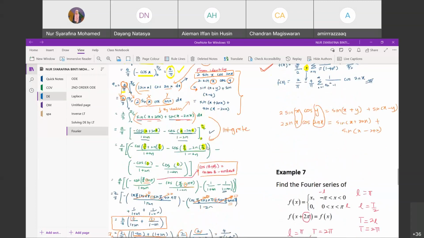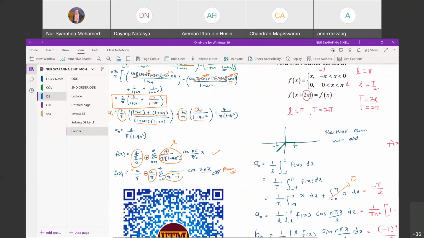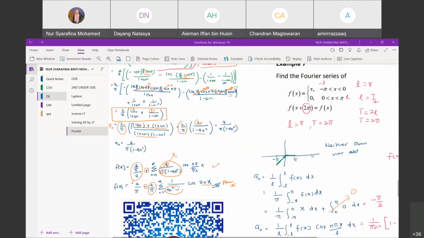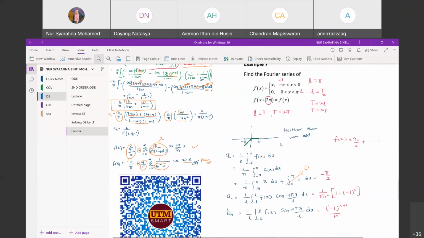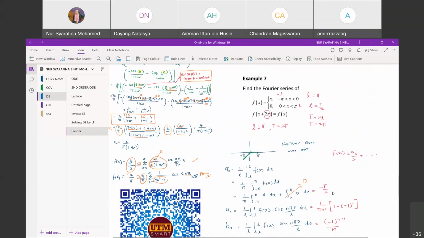As for today, we're just going to discuss example 7. I'm going to leave you with this example after this so that you can discuss. So first, what we have here is the value of L, of course, right?